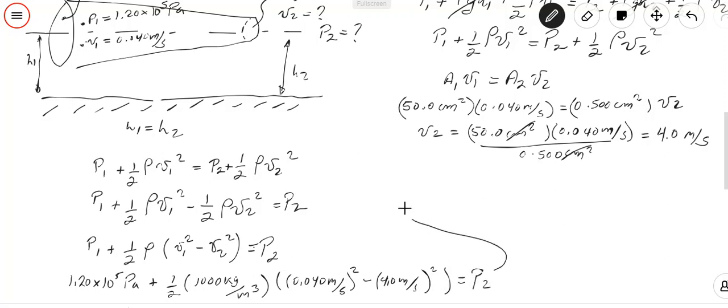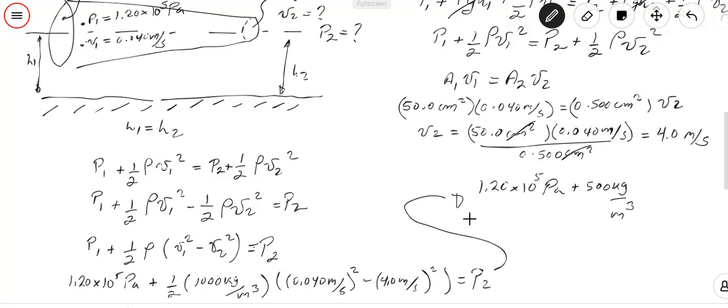So I have this 1.20 times 10 to the 5th Pascal, right? And then 1 over 2 times 1,000 will be 500, so this is 500 kilograms per cubic meter.